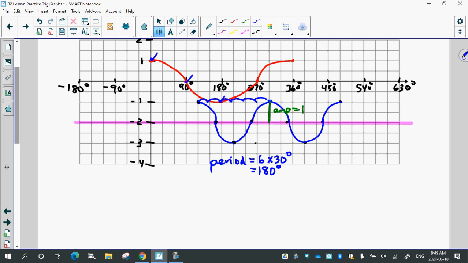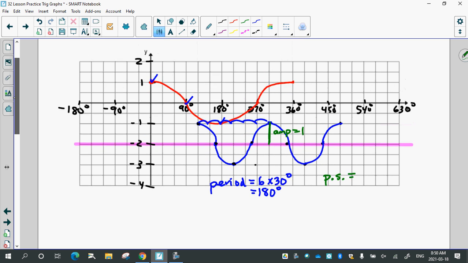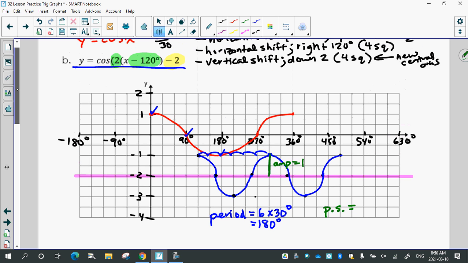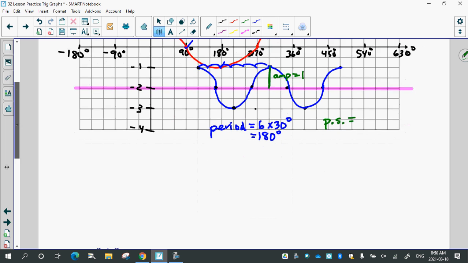Phase shift. Use P.S., so I'm going to write out phase shift. It's right in the formula. So minus 120 means right 120, right is positive, so it's just 120 degrees.